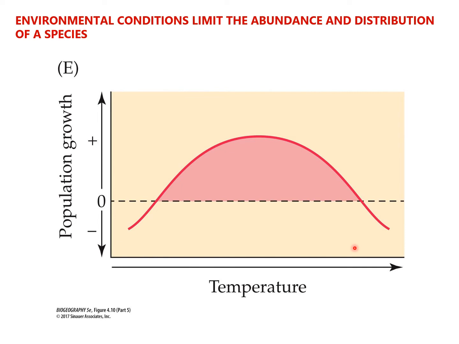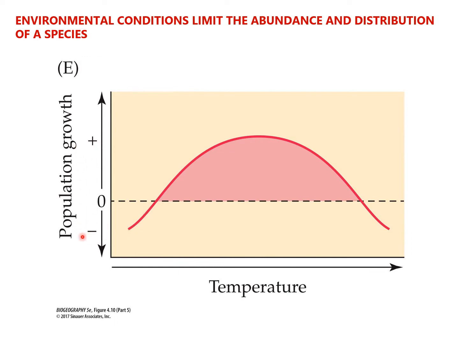So here we're breaking this down a little more simply. We're looking at temperature here, and again, there's some range of temperature for whatever this species is. It doesn't matter. There's some range of temperature where the population will grow, because that's what it's well adapted to. If you push beyond that, then you get to an area where the population will actually decline.